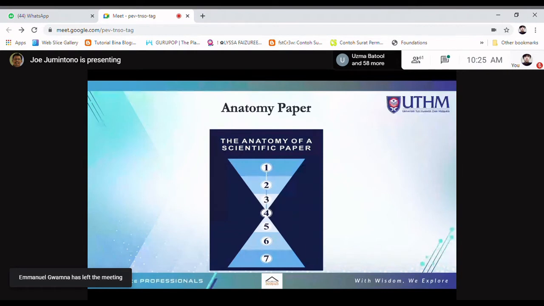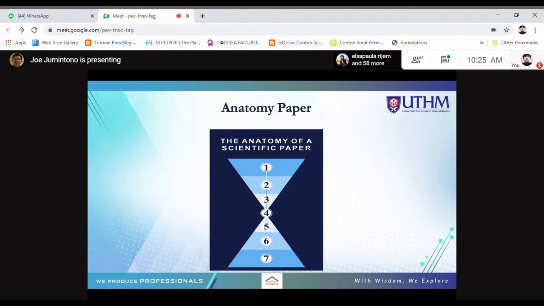The introduction is very important, because the introduction is half of the paper. It is not about the length of the paper, how many pages, but the important things in the paper are put in the introduction.